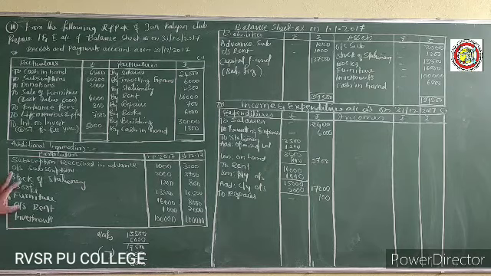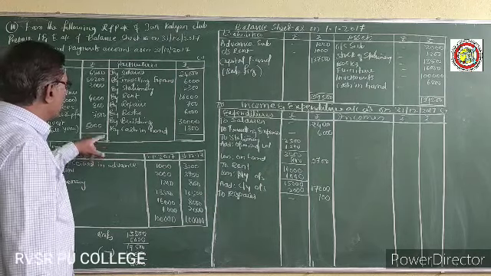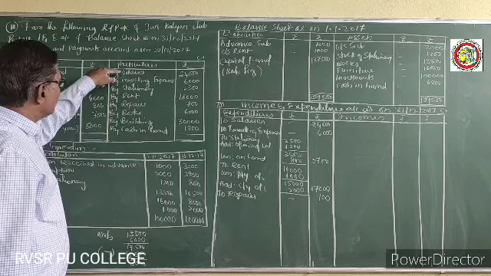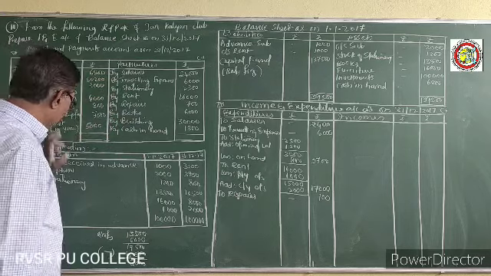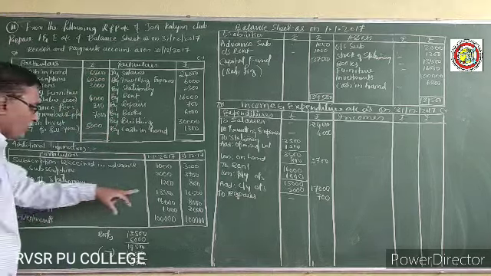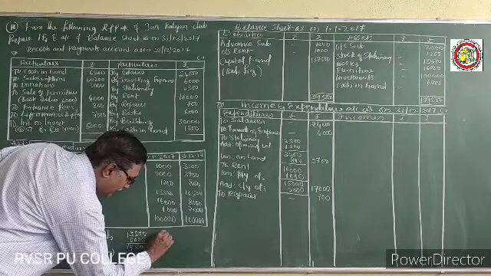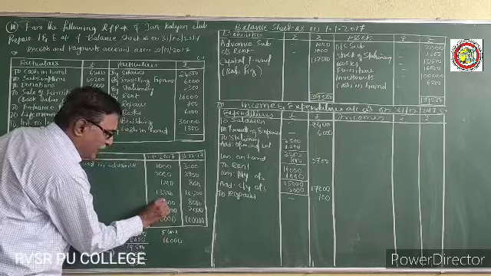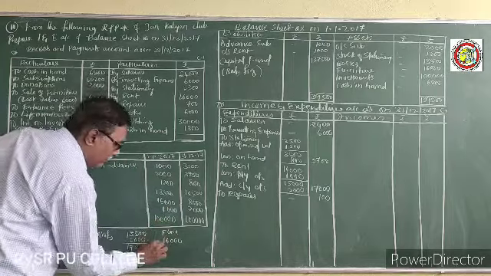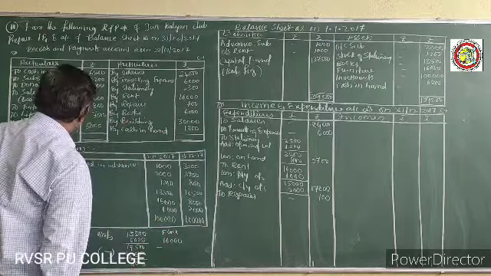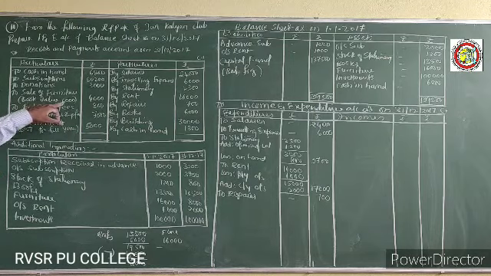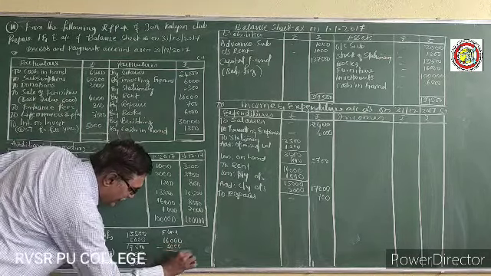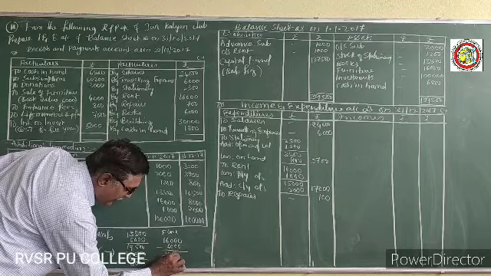I am coming to the furniture. Furniture opening value is 16,000, minus the sold furniture's book value of 6,000, so 10,000 remaining.